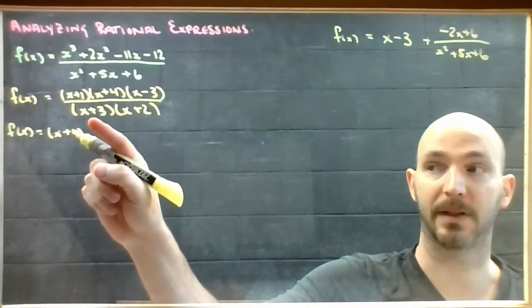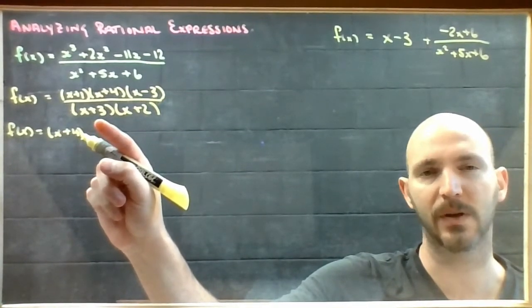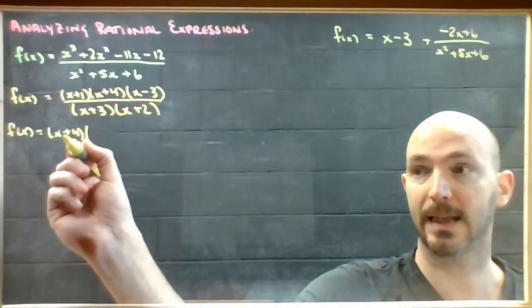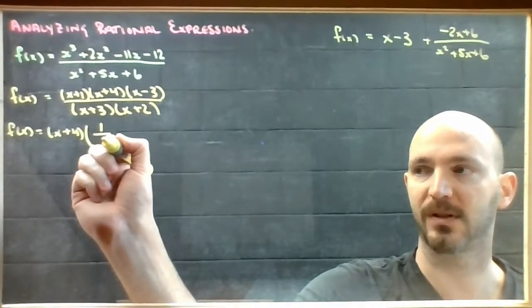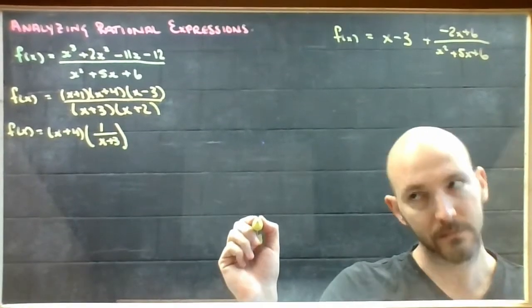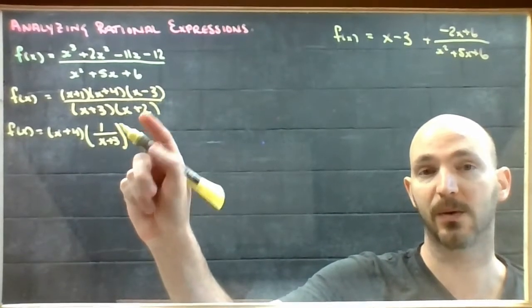Next thing in would happen at -3. So I've got this thing, x plus 3, but do you notice it's in the denominator? So this thing is not like that. It's a rational expression. Next one in would be at -2. So this is also in the denominator.